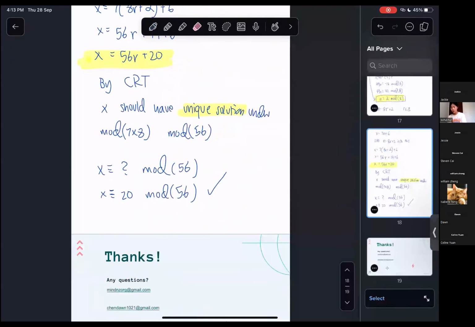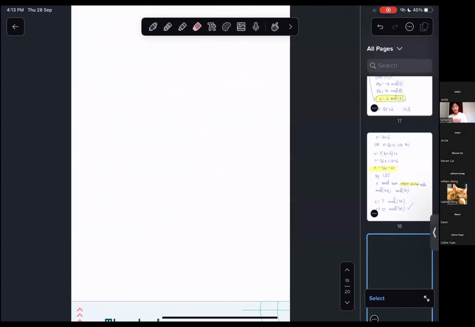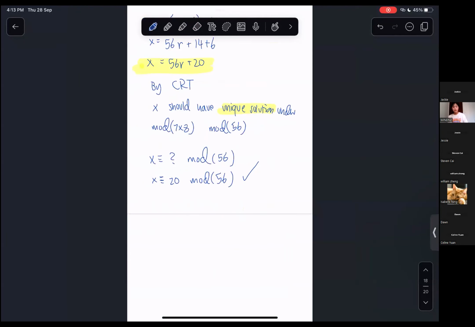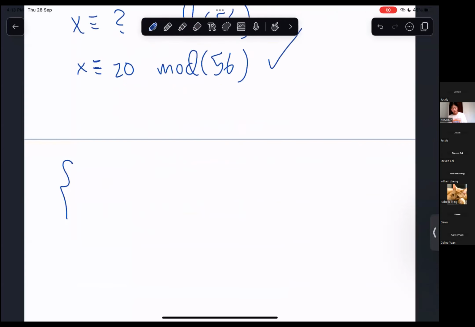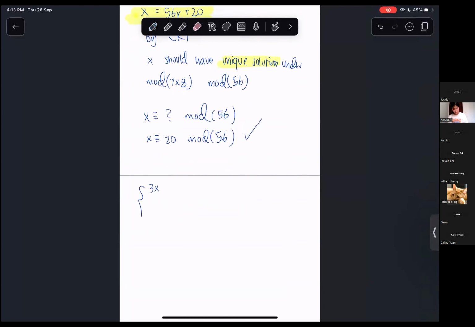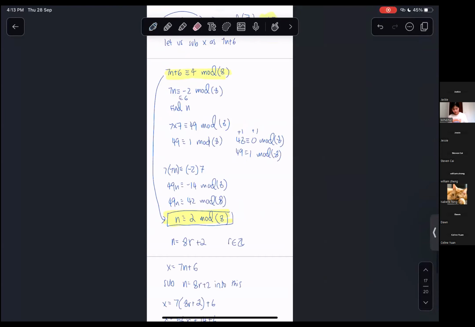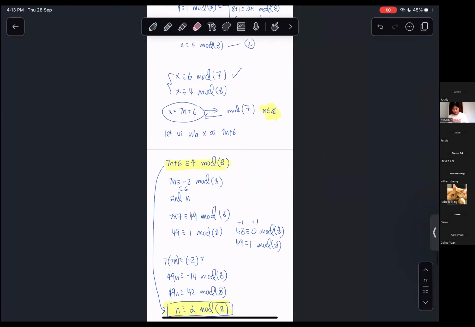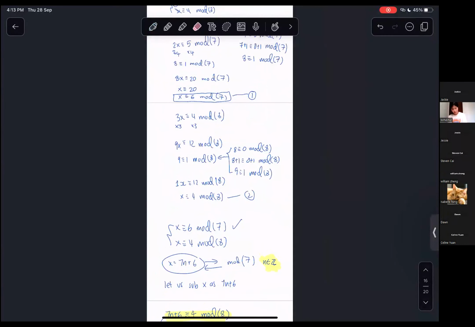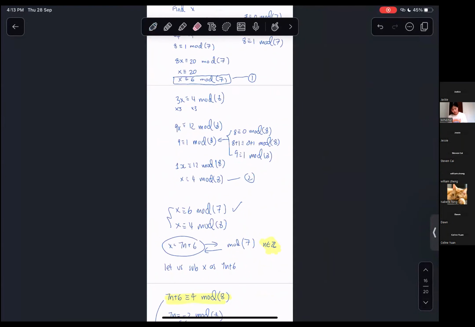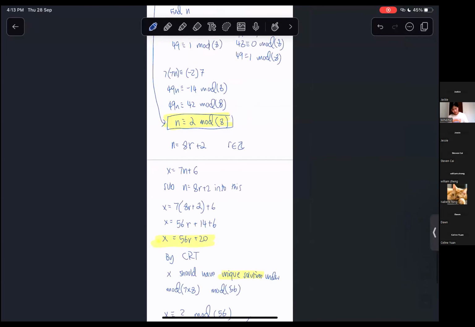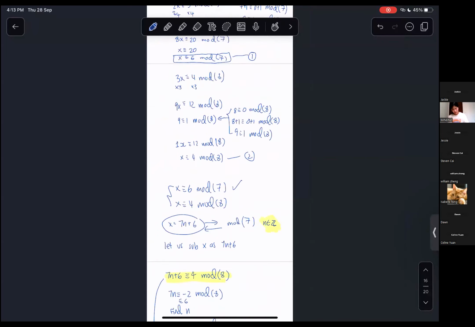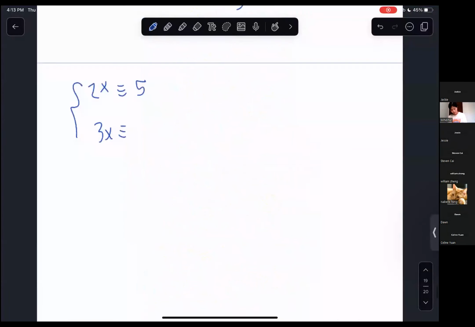So say we wanted to be really, really sure that our solution is correct. Then what we can do is substitute back into our initial equations. So that was 2x congruent to 5 mod 7, and the other one was congruent to 4 mod 8.